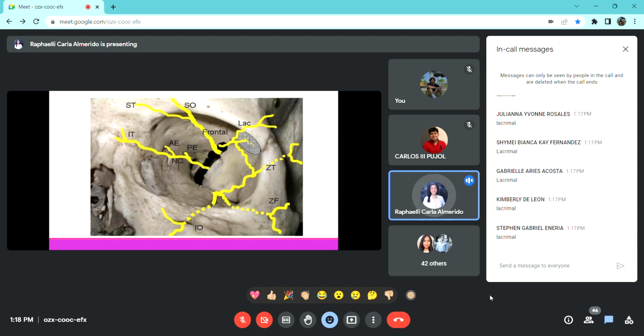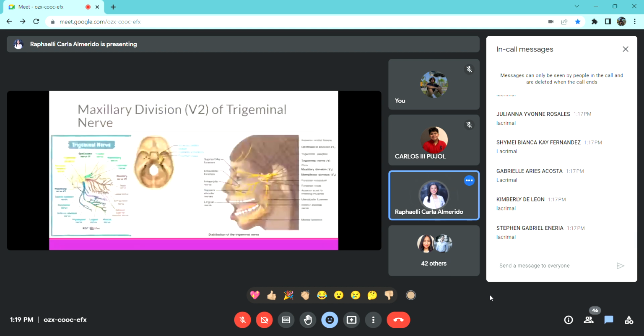So dyan lalabas yung terminal branches of your frontal, lacrimal, and NC or nasociliary branch. Okay, so remember what foramen or what fissures lumalabas ang branches of the trigeminal nerve also.